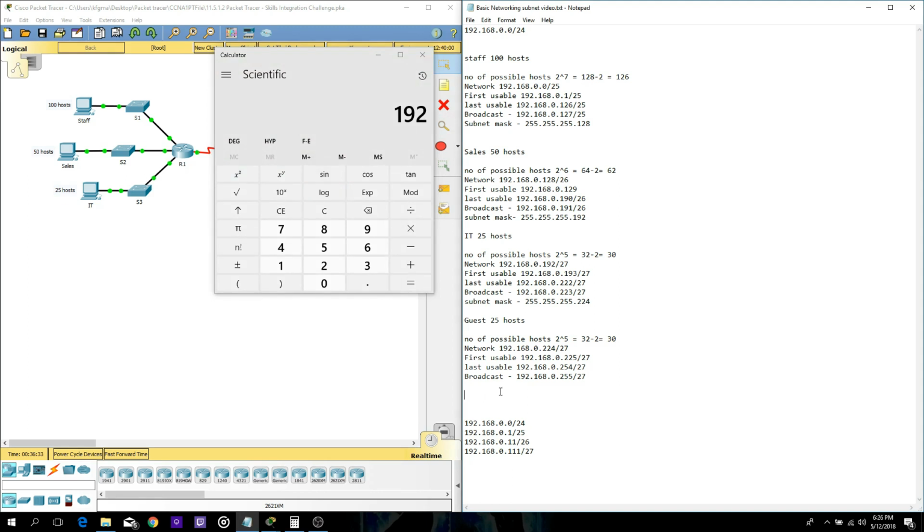Just to show you this real quick, we already know that each octet is 8 bits, and we have 26 bits here. 8 bits is equal to 255, so this gives us a total of 24, and then 25, 26, 27, and then your slash, just so it's more clear. So this is going to be 128 plus 64 plus 32, and that'll give you 192.